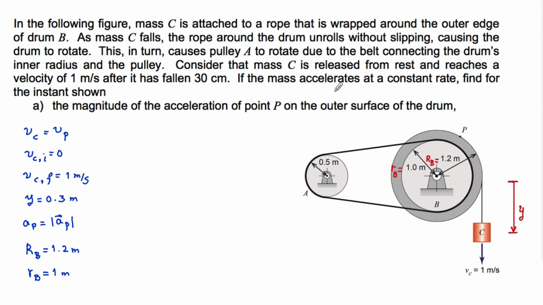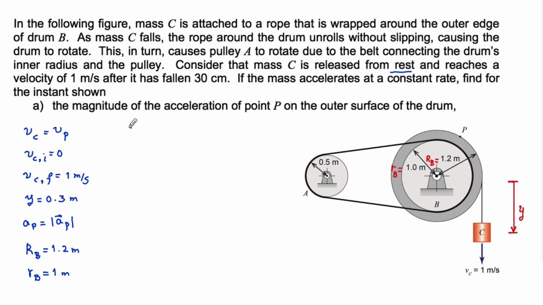At the beginning, mass C was released from rest, and when it reaches 1 meter per second in velocity, it has fallen 0.3 meters. At the point that mass C reaches velocity 1 meter per second, point P will have the same velocity, and at that instant we want to find the acceleration.